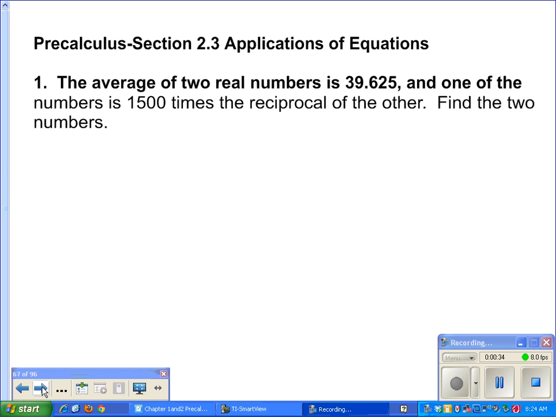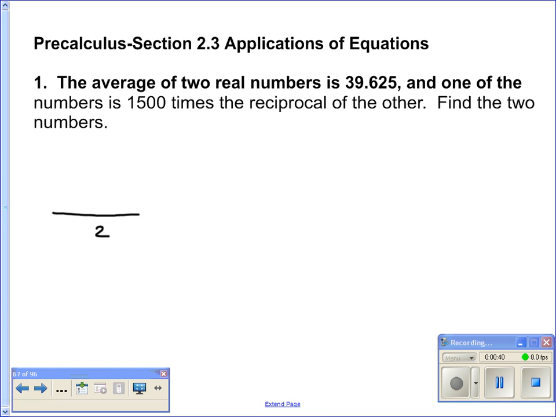So first of all, it's talking about the average of two numbers. So we know to average two numbers, we're going to add them up and divide by 2. So the first number, let's say that is x, and then the second number is going to be 1500 times the reciprocal.